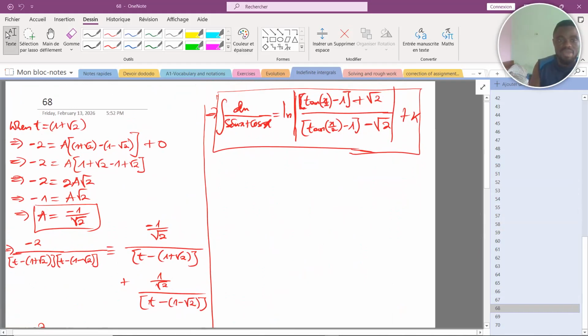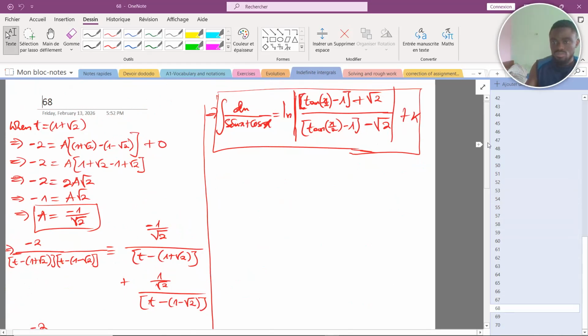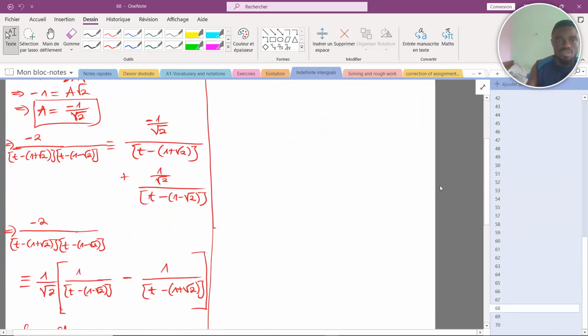From there, I have my a being equal to minus 1 over 2. Is that okay? So, wait, let us continue. Now, this implies this will be identical to what in partial fractions? Our a was minus 1 over 2, minus 1 over 2 over this, plus b was 1 over 2 all over this.